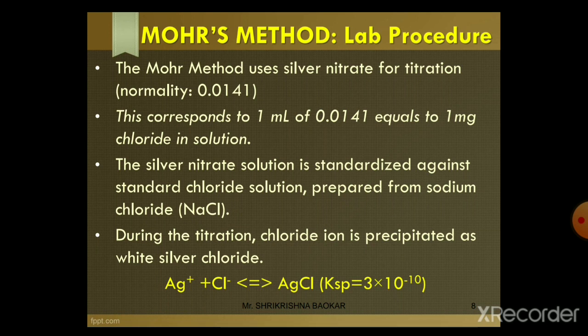During the titration, chloride ions are precipitated as silver chloride. Ag+ plus Cl- gives AgCl. The solubility product constant, that is Ksp of AgCl, is 3 x 10^-10.